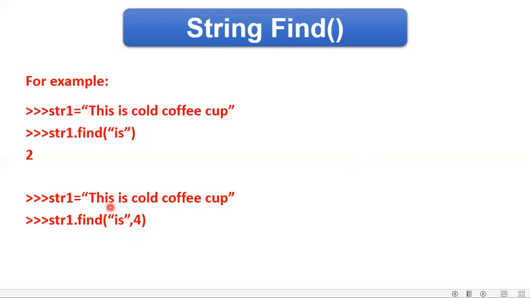If we check the fourth index position, let's check it: 0, 1, 2, 3, 4. Now after the fourth index position, we are getting "is" again. So it is going to start from the fifth index position, and I'm getting the result in this way. So this is how the find function works.